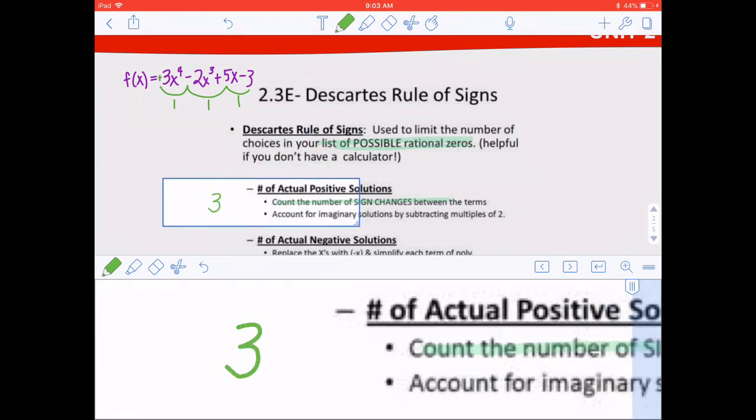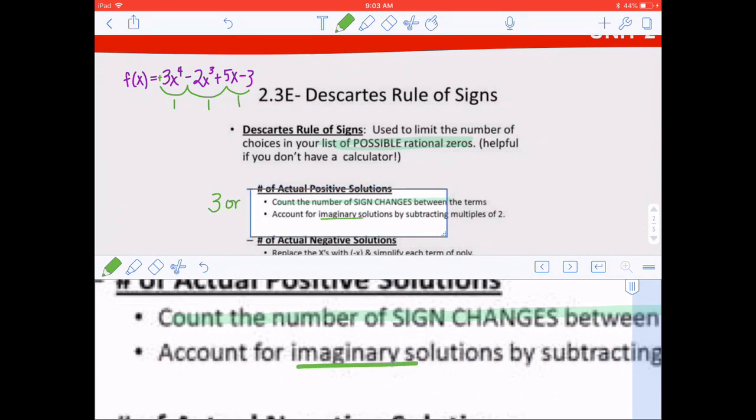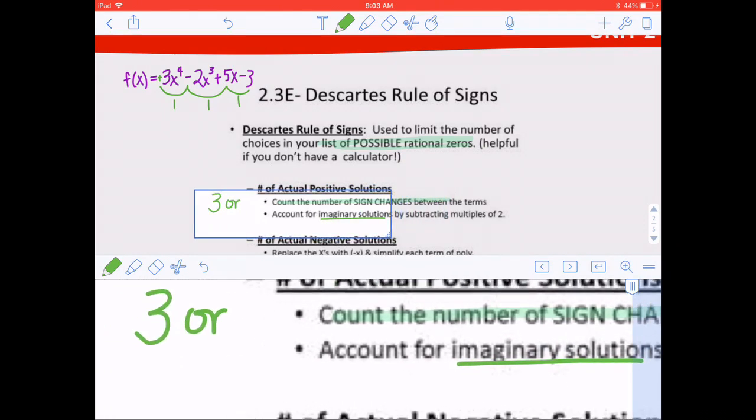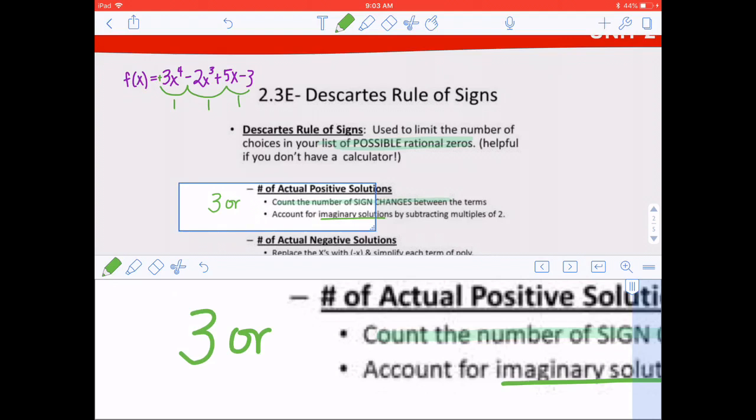So that means we'll have 3 positive solutions, or to take into account imaginary solutions, what we do is we subtract 2 from what we got. So in this case, 3 minus 2 is 1. So we'll either have 3 positive solutions or we'll have 1 positive solution in this case.